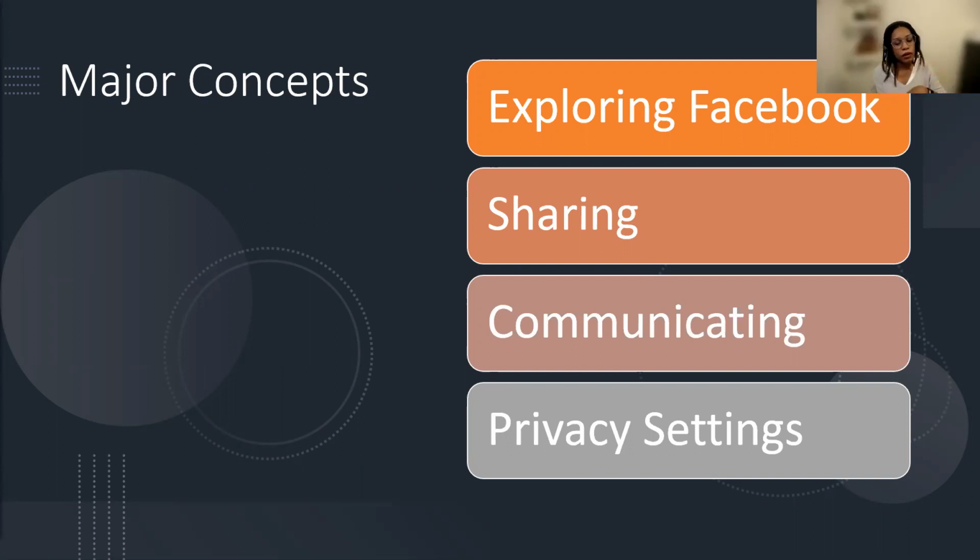Then we'll go on to talking about sharing things on Facebook. We'll also talk about communicating via Messenger and comments and posts. And then at the very end, we'll talk a little bit about privacy settings and how you can set them to best keep your information shared with only the people you want it to be shared with, of course.